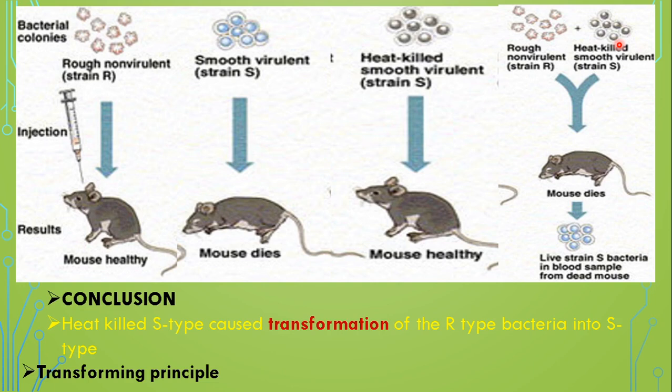So the conclusion that Griffith arrived at was that heat-killed S-type caused transformation of the R-type bacteria into S virulent forms. And this transformation was referred to as the transforming principle, which was found to be quite significant in the search for genetic material.